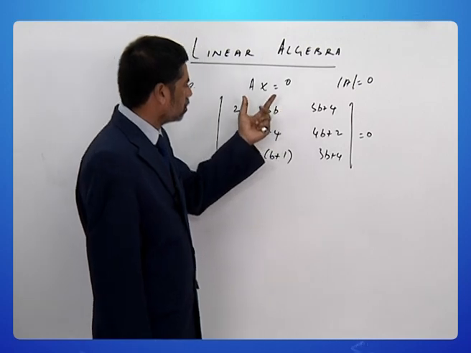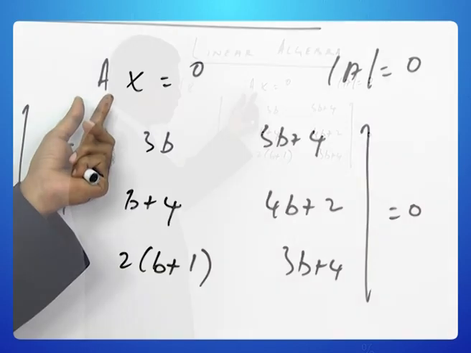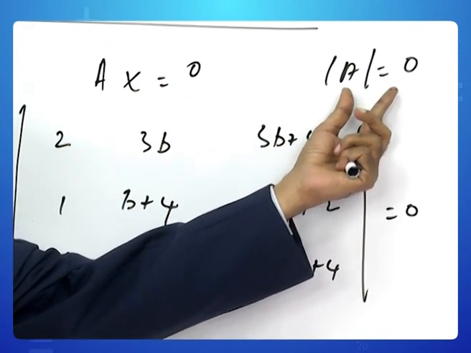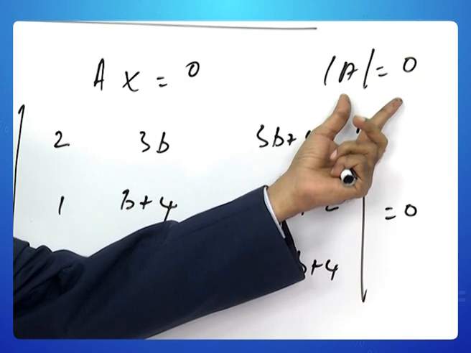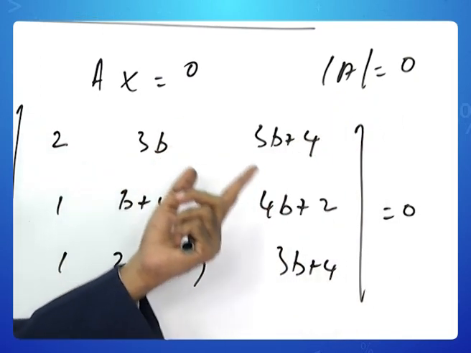We all know when you have a homogeneous system of equations with A as a square matrix, this is the condition for existence of non-trivial solutions. So given that the system has non-trivial solutions, what is the choice for b?